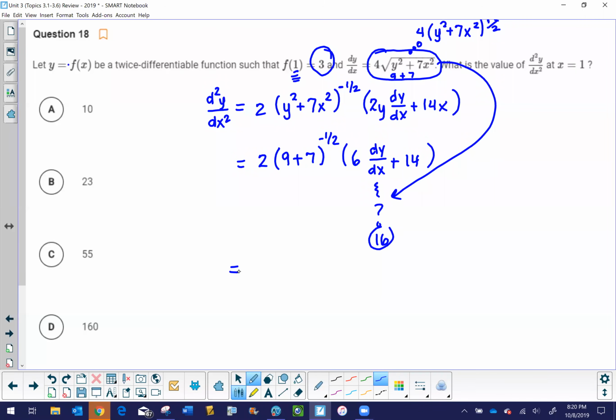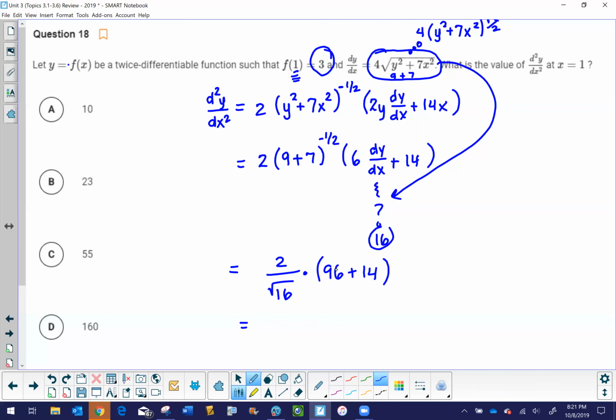So when all is said and done, you've got 2 over the square root of 16 times 6 times 16. That's 96 plus 14. All right. 2 over the square root of 16 is 2/4, so that's just 1/2.